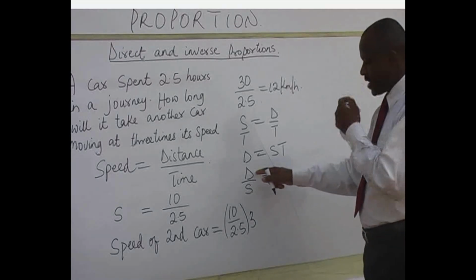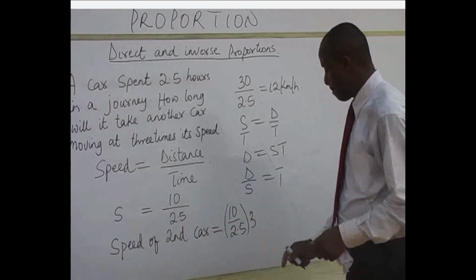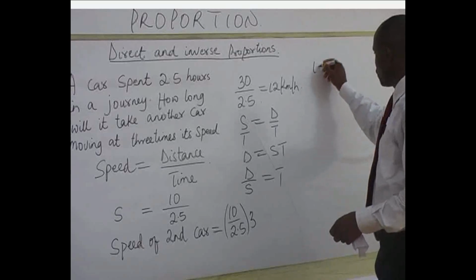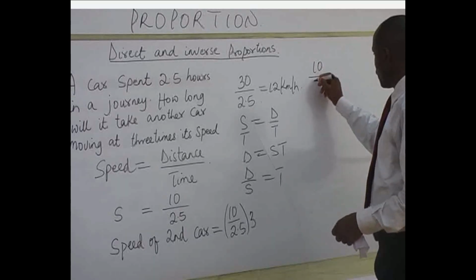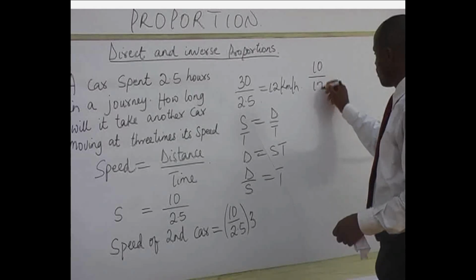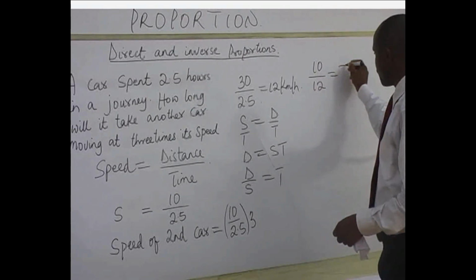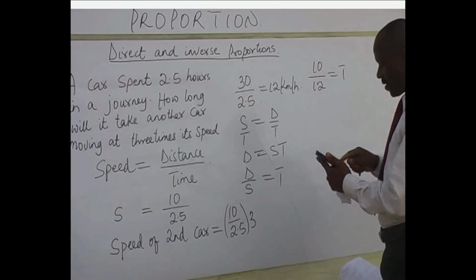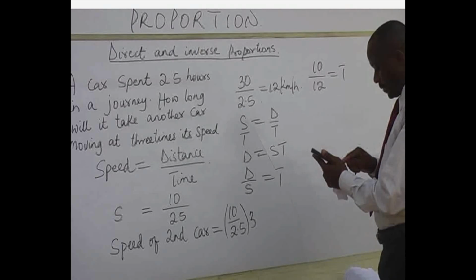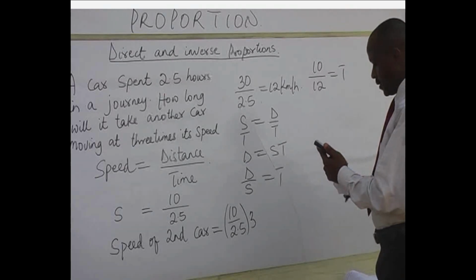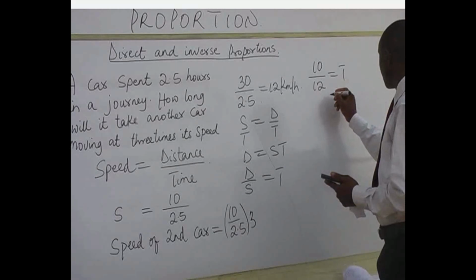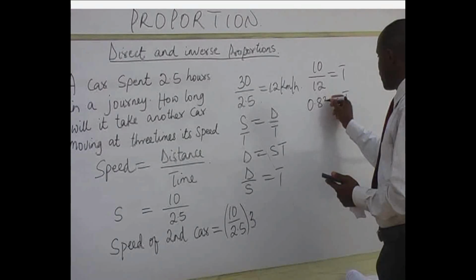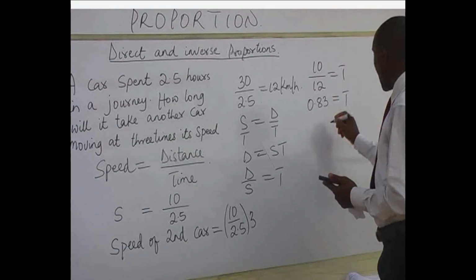And the distance is the assumed distance, which was 10, while the speed is the speed you have just calculated. So use the speed 12 to divide 10, the distance, and you get the time. 10 divided by 12 is 0.83. This is the time, in hours.